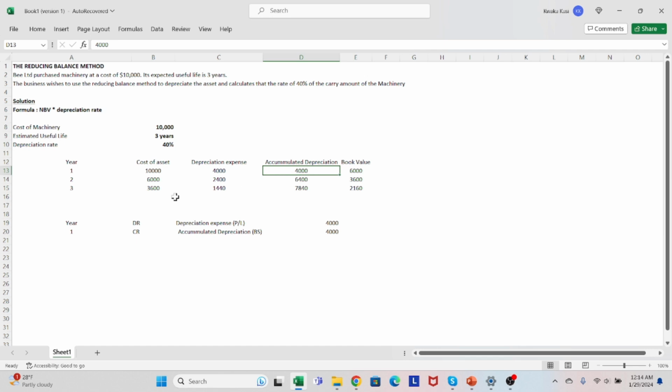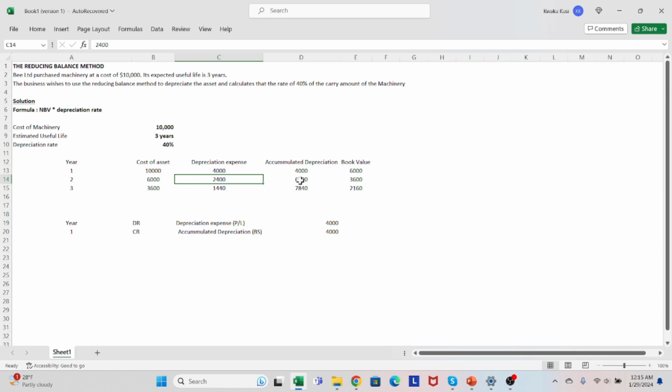In the second year, we will have 6,000, which is the net book value from the previous year. And then we calculate 40% of 6,000, which will give us 2,400.